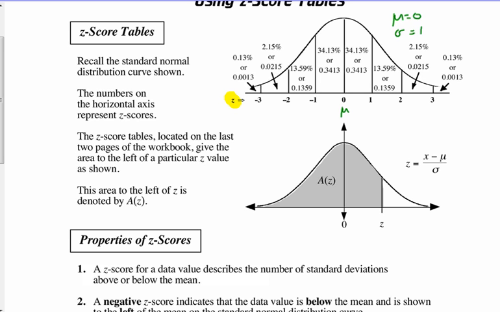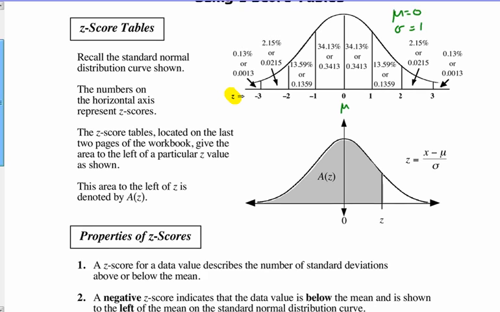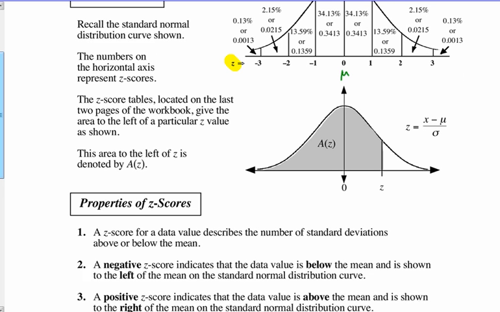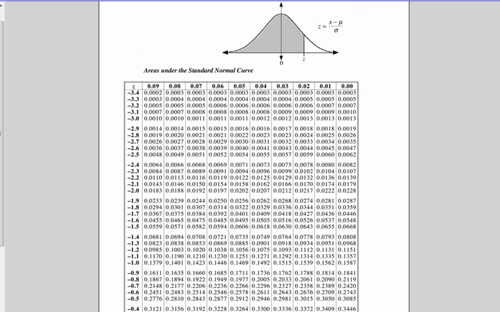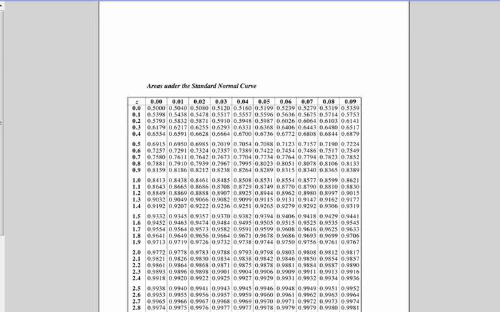The Z-score table is located on the last 2 pages of the workbook. It gives the area to the left of a particular Z-score value. So on our table, if I looked at, for example, a Z-score of 2.51, the tenths value is on the vertical axis, and the hundredths is on the horizontal axis.